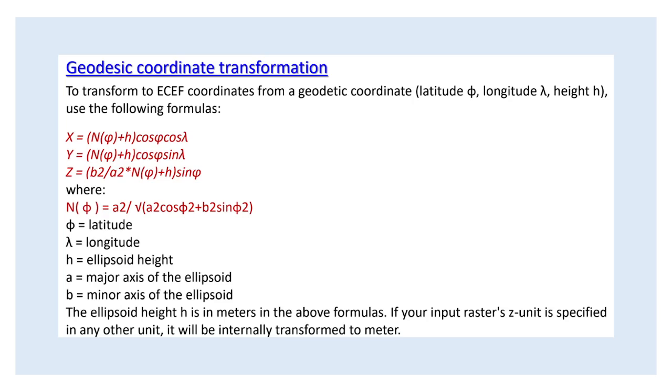If your input raster's z unit is specified in any other unit, it will be internally transformed to meters. You give all this information and the software does all the work. You just have to specify if the input unit is something other than meter, and the software itself will transform it into meters.